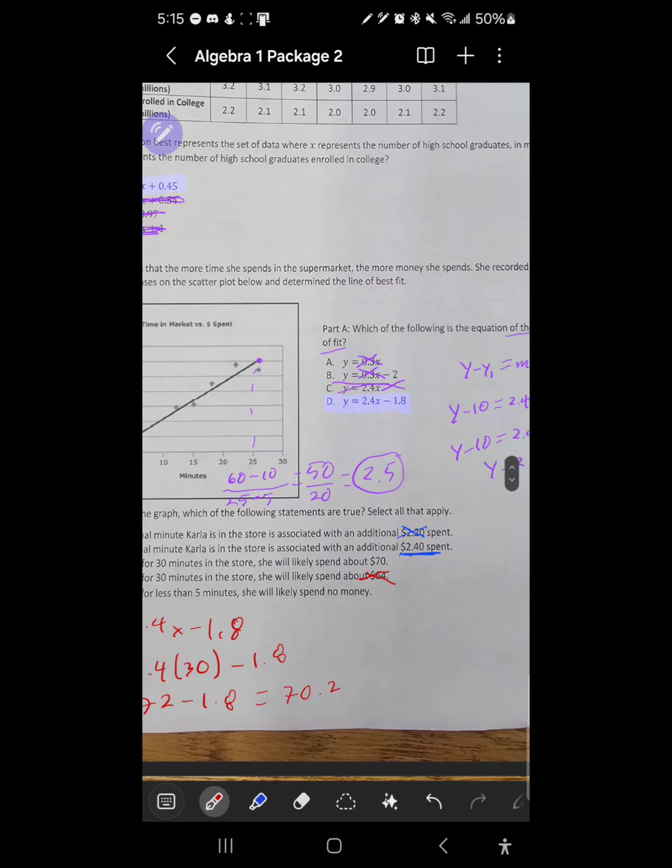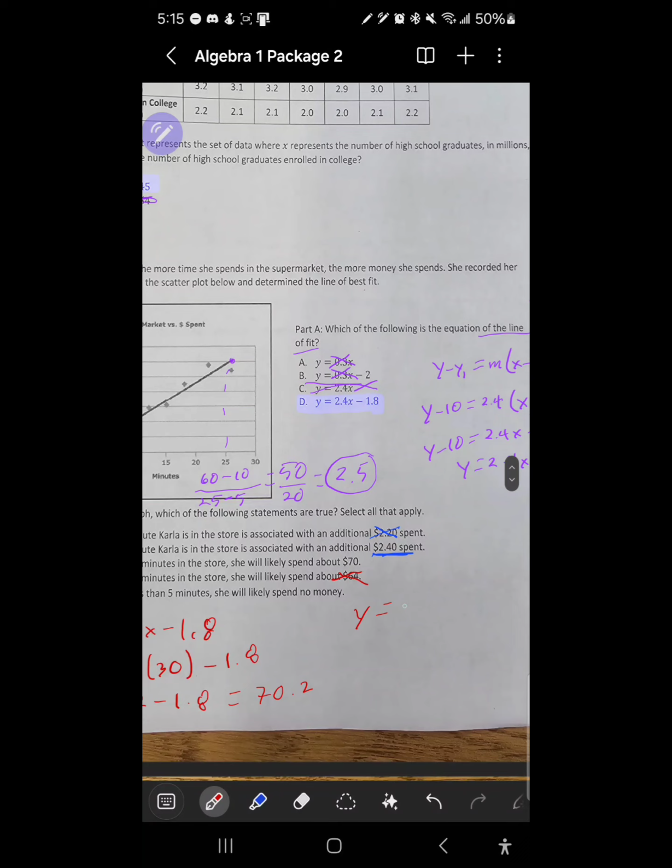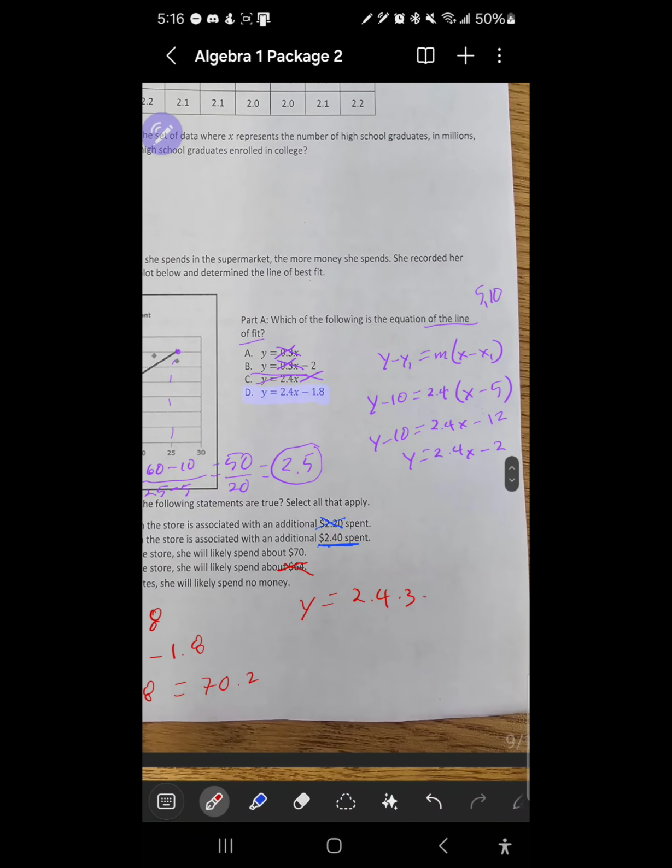So y equals 2.4 times 3 minus 1.8. So this will be 7.2 minus 1.8. And this will be 5.4.